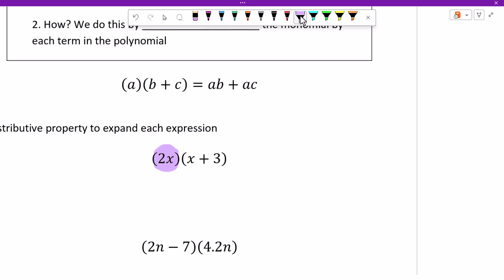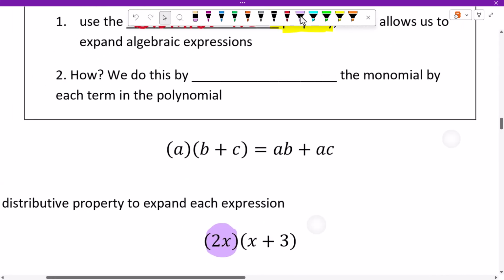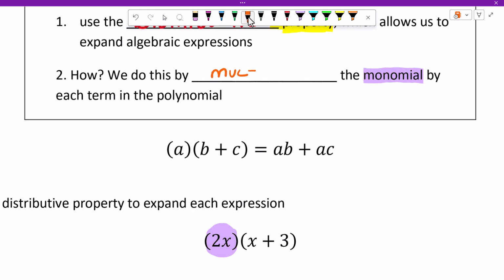Monomial, right? One term, so it's monomial. So we take this monomial and we multiply it to everything over here, to every term inside of there.